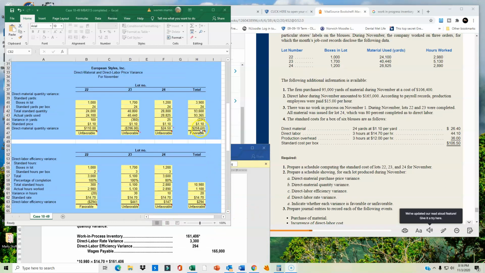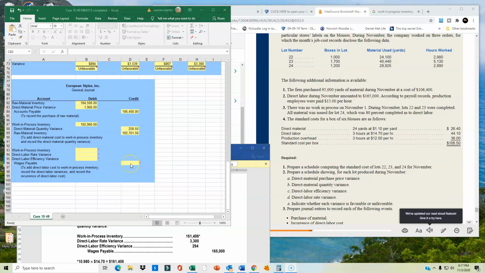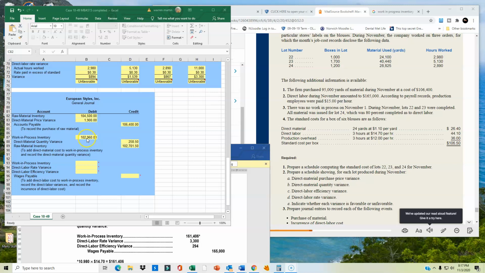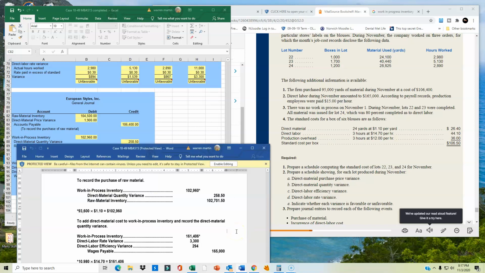Wrong sheet, we go back down here. So how do we come up with that 102,960? I'll show you on this sheet here. 9360. Where do we come up with that, this little formula to come up with that 102,960?